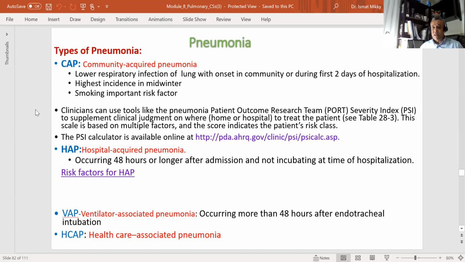Patients with end-stage renal disease who attend hemodialysis and develop pneumonia also have healthcare-associated pneumonia, the HCAP pneumonia type.